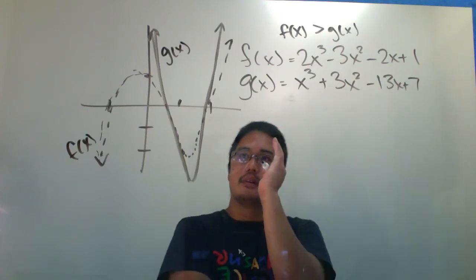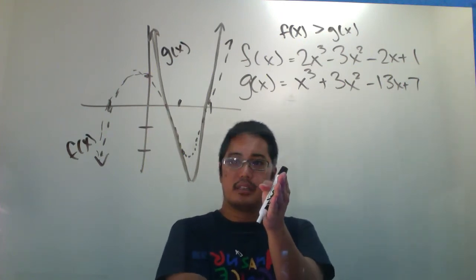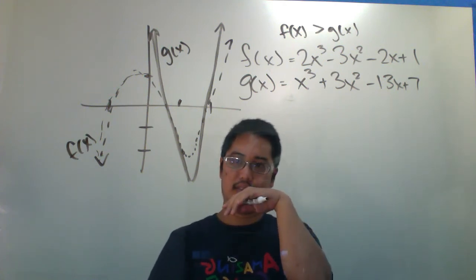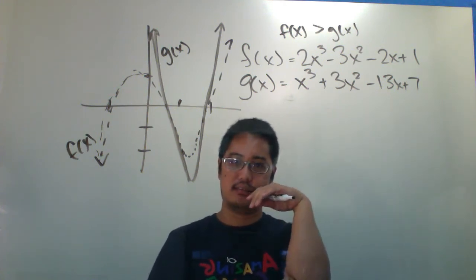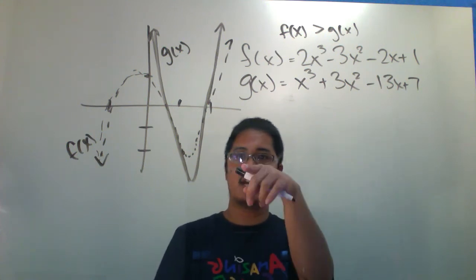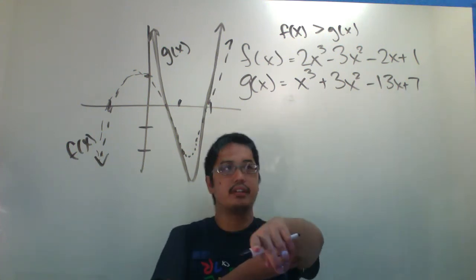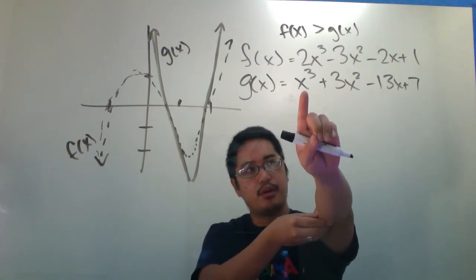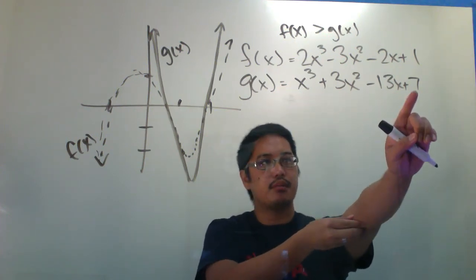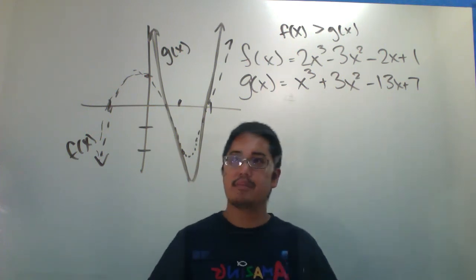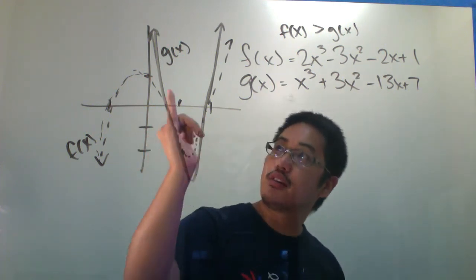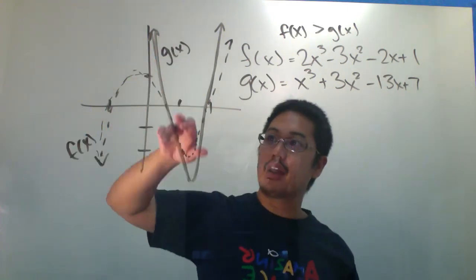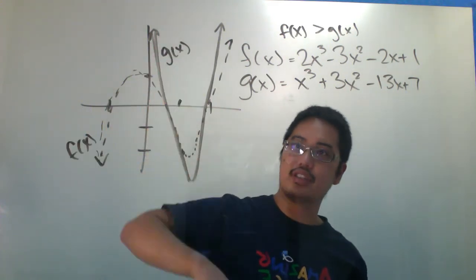What is the y-intercept of g of x? 7. Perfect. Great job, Elijah. It's 7 because you look at g of x and plug in x equals 0, those are all 0, plus 7, that's your y-intercept. So I'm guessing that this thing goes up and crosses way over at y equals 7, which is off my graph. That's why I'm thinking that this solid line one is g of x.